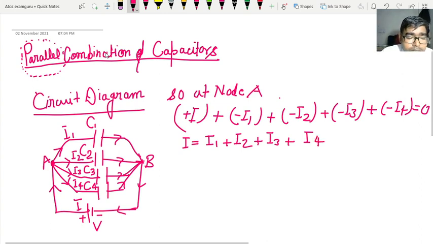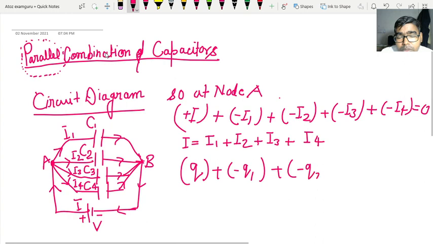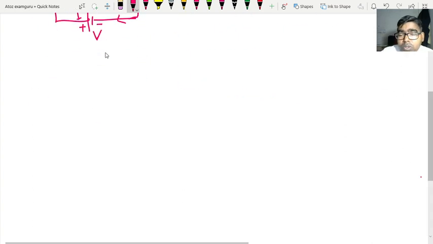So basically in this circuit, current does not flow. What flows? Charge flows. So let us write it as charge. Q minus Q1 minus Q2 minus Q3 and minus Q4.